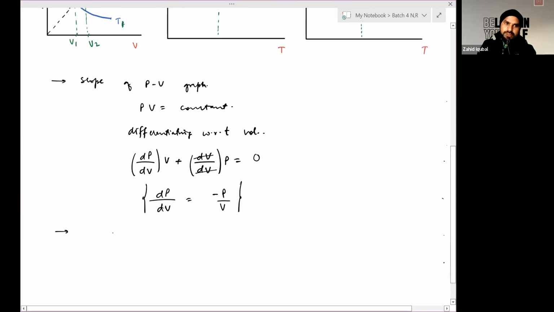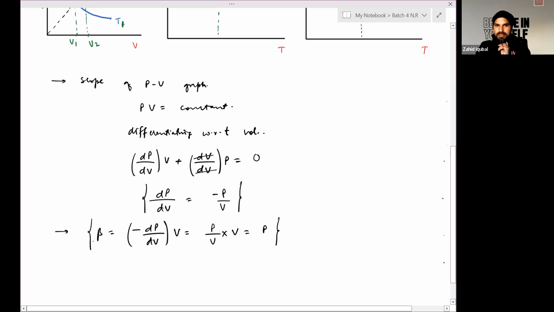So beta equals minus dP by dV multiplied by volume. dP by dV we have as minus P by V, so minus minus cancel out. P by V multiplied by V, so V and V cancel out, and it will be just P. It means the bulk modulus for this isothermal process will equal the pressure of that particular system.